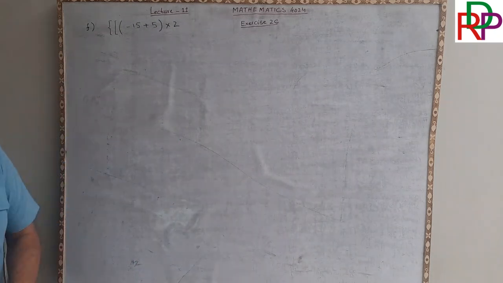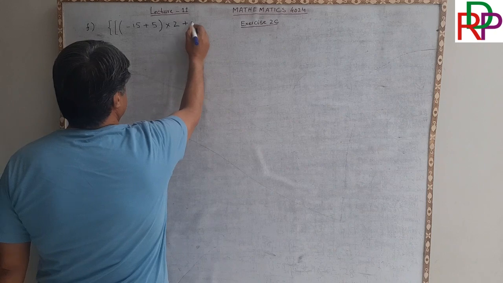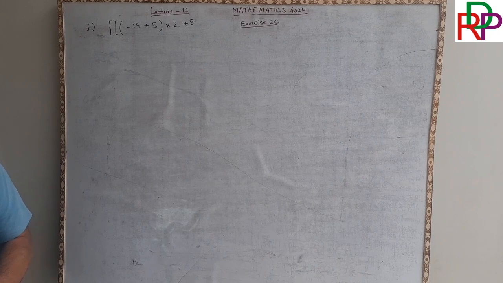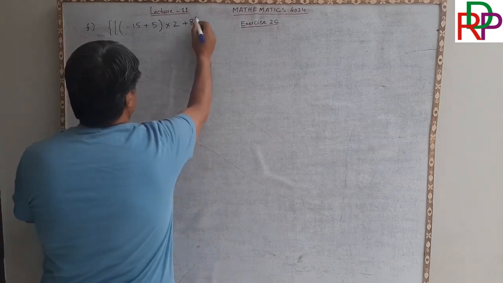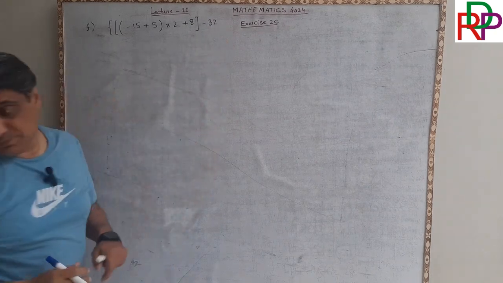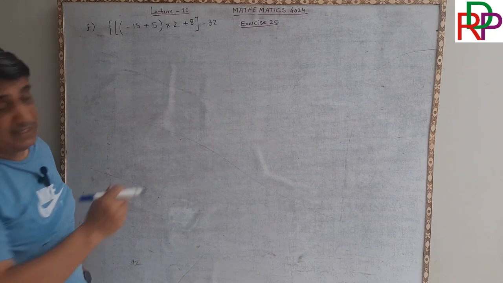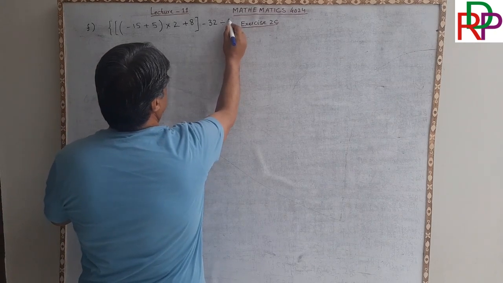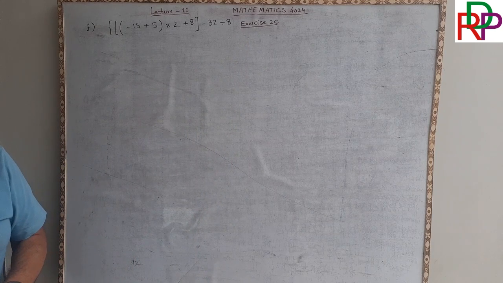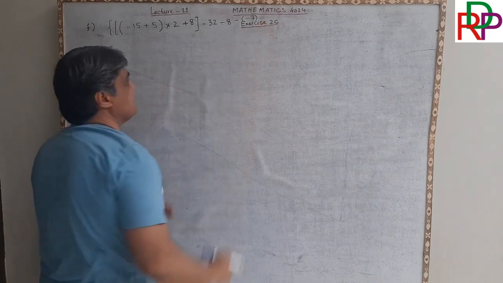And then we are writing plus 8, and then we are closing the square bracket, minus 32, and divide by 8, and then we have minus minus 7.